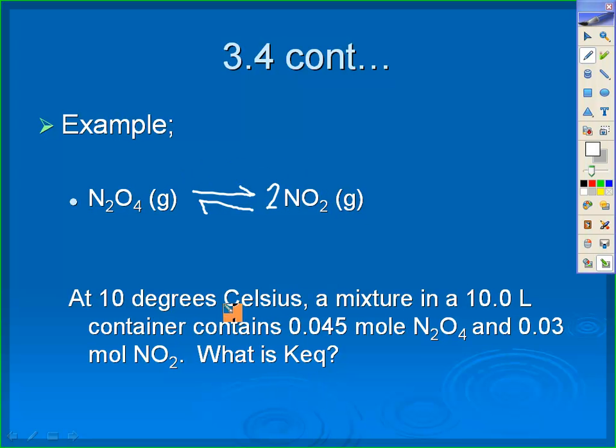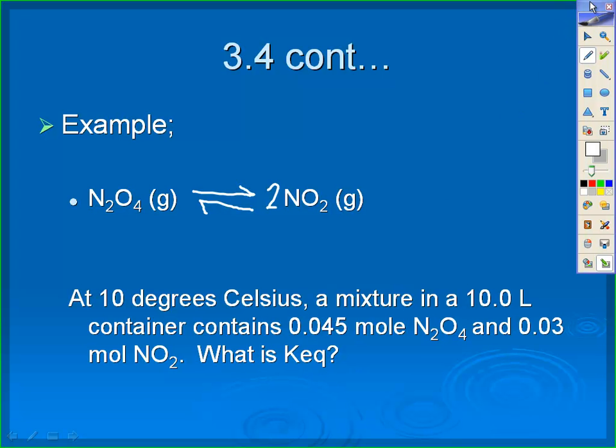It says at 10 degrees Celsius, and remember, temperature has to stay the same for your KEQ to be constant. So this doesn't really affect our KEQ, it's just telling us that this is the temperature of interest. So at 10 degrees Celsius, a mixture in a 10-liter container contains 0.045 moles of N2O4 and 0.03 moles of NO2. What is KEQ? So this time we want to know what is the actual value of KEQ.